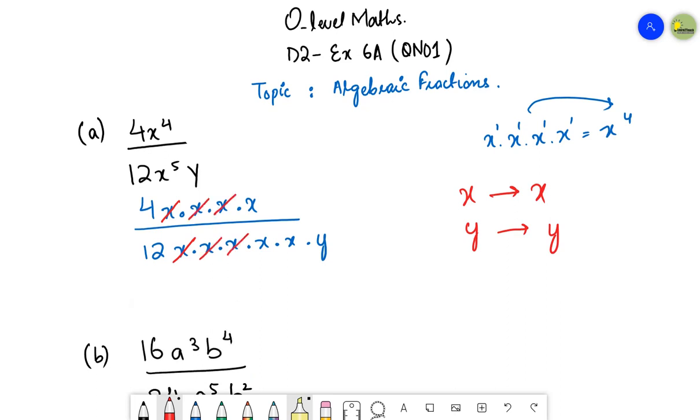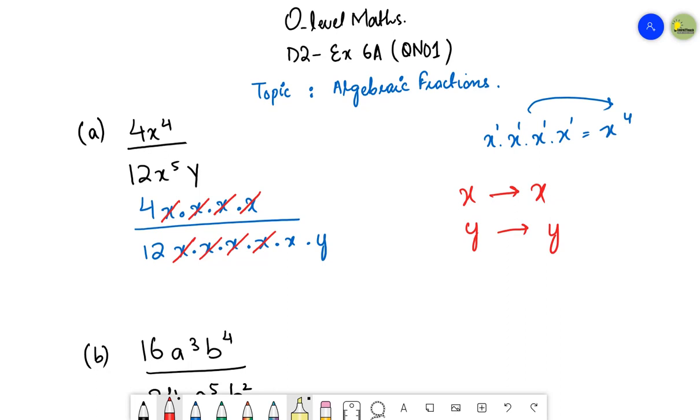This x will be cancelled with another x. This will be cancelled with this one. Since you have only 4 x's in the numerator, you will cancel only 4 x's in the denominator. You cannot cancel more than that. You have to cancel the same number of x's that are present in the numerator with the same number of x's present in the denominator, right? Now, the left variables are x and y in the denominator. So this is how you are going to cancel the variable.